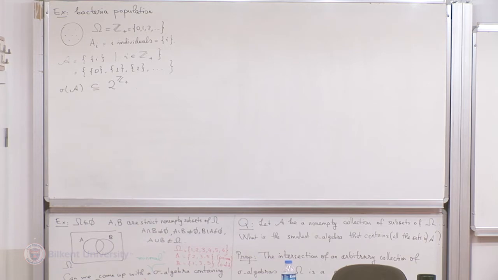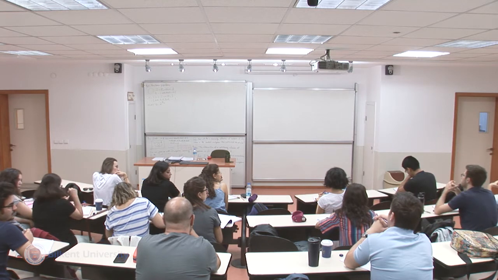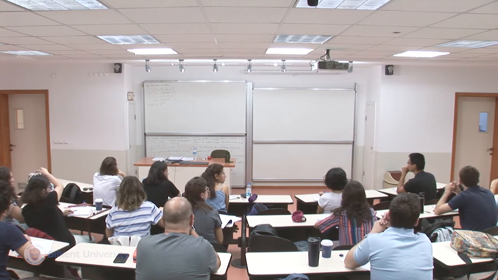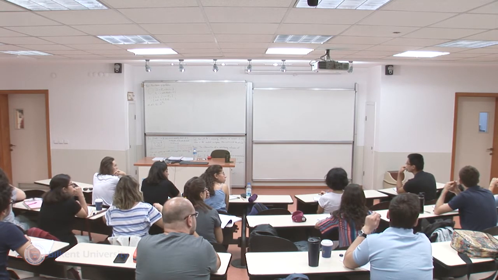Do you think there is an event that is not in the sigma algebra generated by A? You think no. Why? Looks like the sigma algebra is equal to the power set. So if we're considering events like singleton 0, singleton 1, singleton 2, well, they create all the sets.